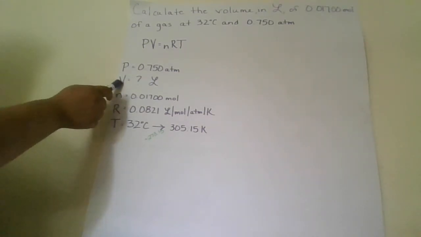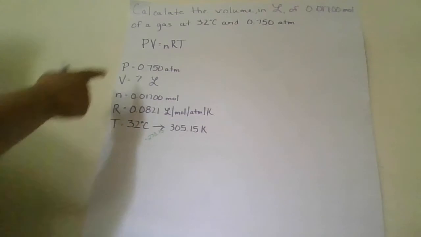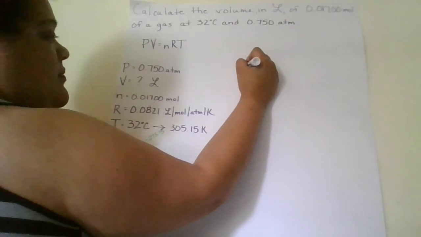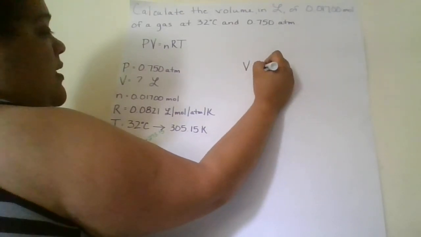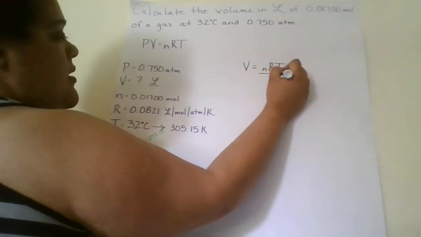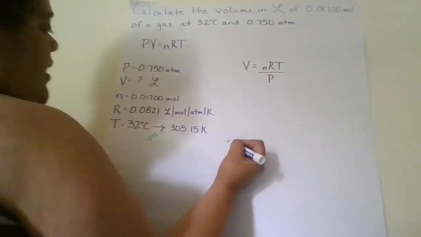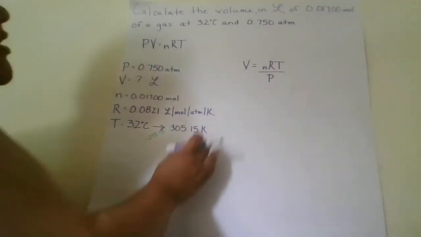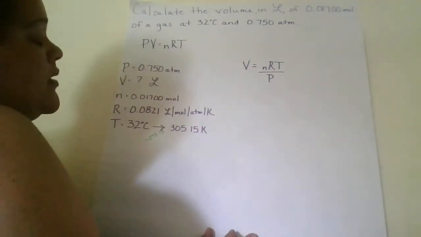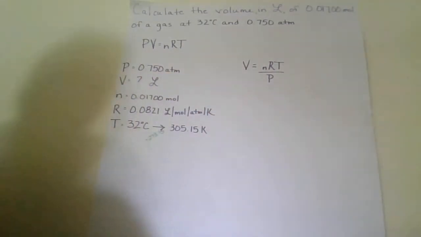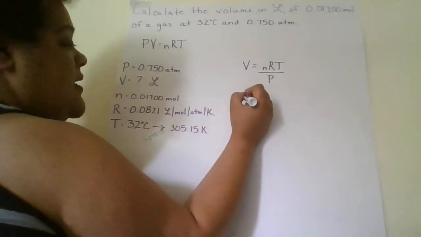So if we're solving for V, we need to rearrange this formula. So we're going to solve for V. V equals nRT divided by P. Okay? And this is all supplied to you in your formula worksheet. So make sure to look at those when making your list and going ahead to start your plug and chug. So let's go ahead and start filling these in.